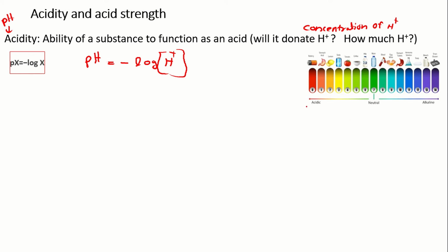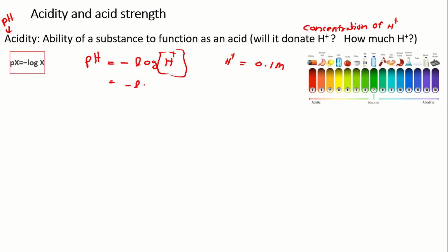You can see the substances functioning as acids show smaller pH numbers, and the ones that function as bases have higher pH values.